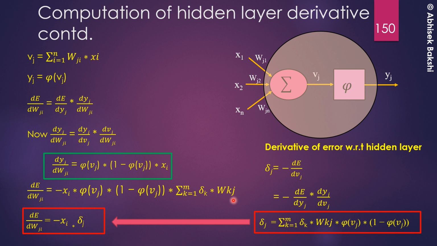So now, just like we have calculated delta k, we also can calculate delta j, which is nothing but the derivative of error with respect to vj. Previously it was the derivative of error with respect to vk, and now it is the derivative of error with respect to vj, and that we can do by the chain rule again: derivative of error with respect to yj and derivative of yj with respect to vj.